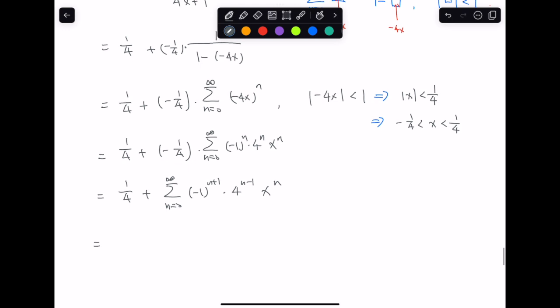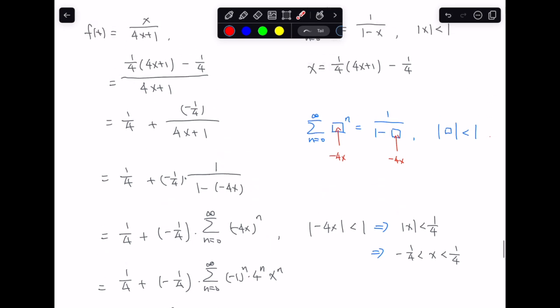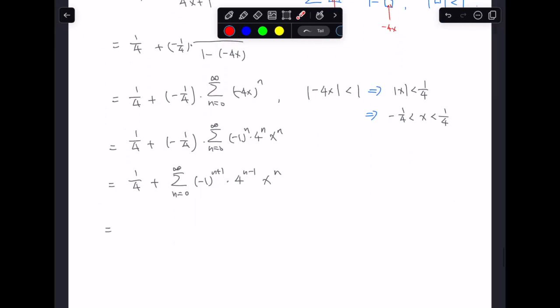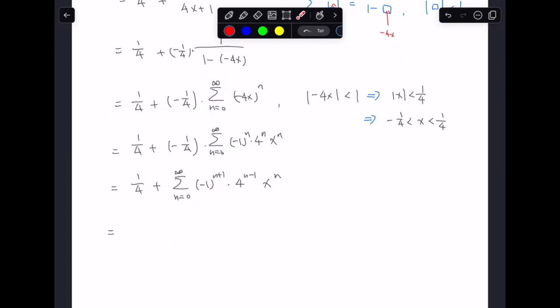Okay, and since now you have a constant term 1/4, which could potentially be simplified with the constant term in this sigma notation, this summation, when n is replaced with 0. So you can further simplify that to make it look better, but this is pretty much already the solution. Let's try to simplify this.